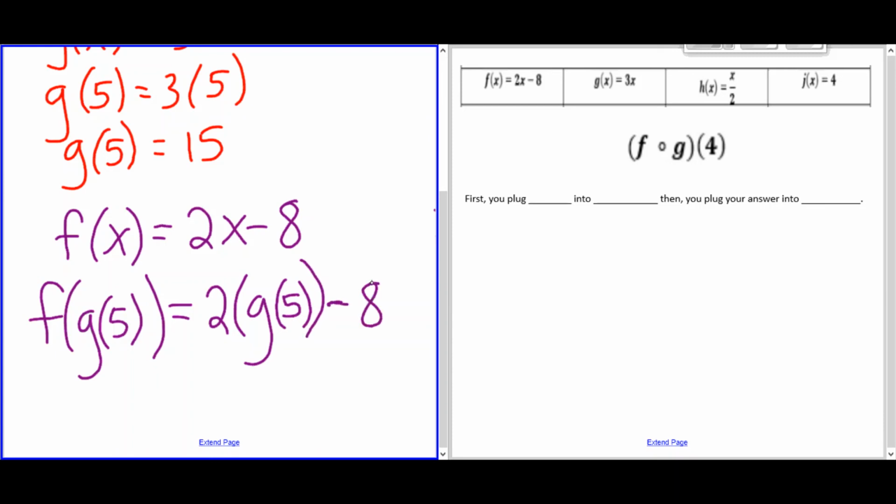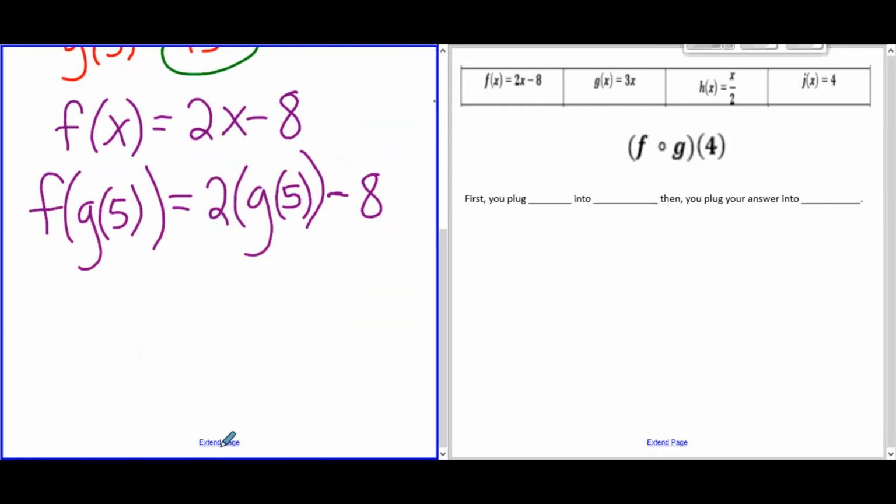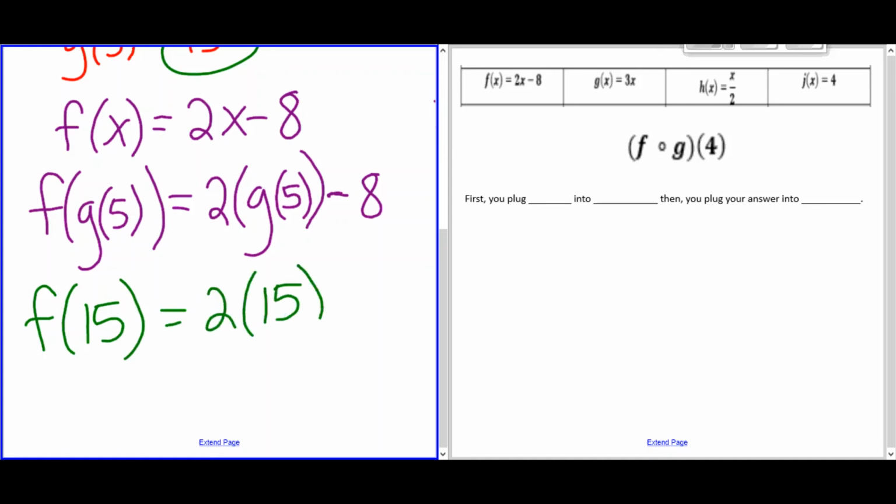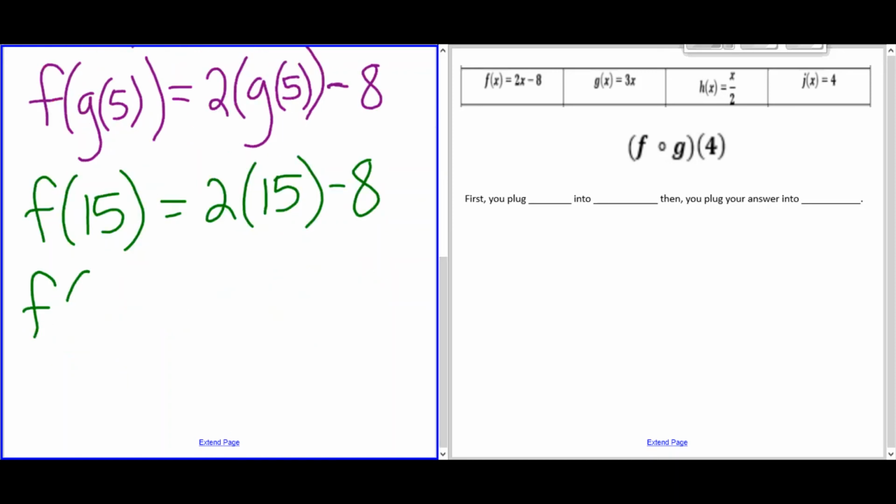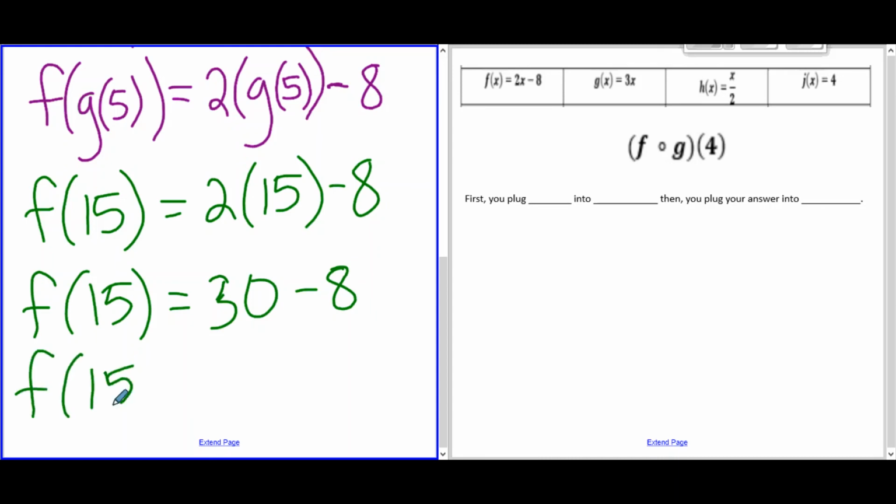We know what g of 5 is. We just found that. g of 5 is 15. So we're going to say f of 15 equals 2 times 15 minus 8. And then from there, we're just simplifying everything on the right side. So f of 15 equals 30 minus 8. So f of 15 is 22.